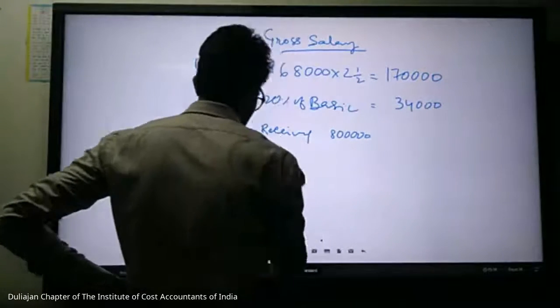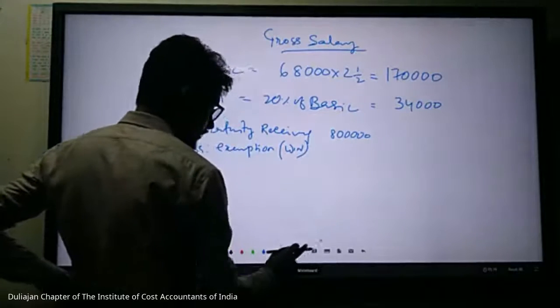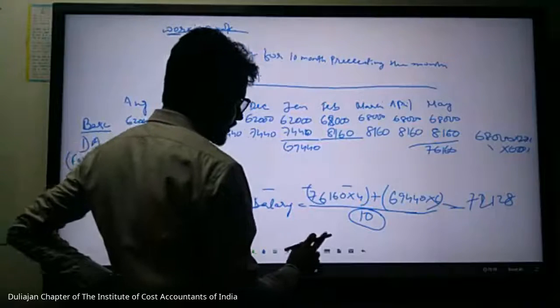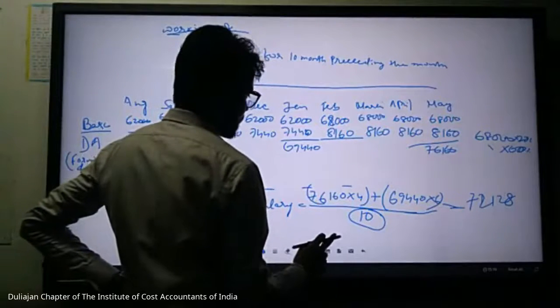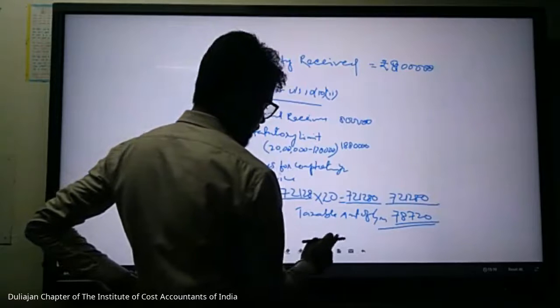Exemption, you will refer to the working note. How much is the amount of gratuity that is exempted? 721,280.